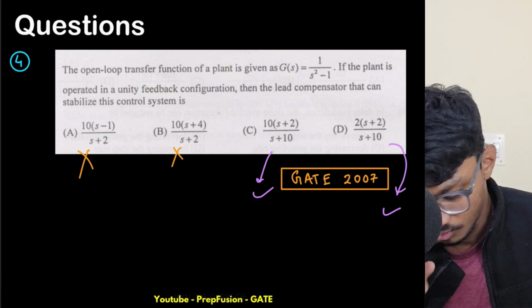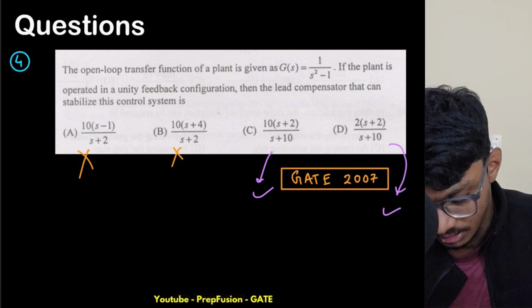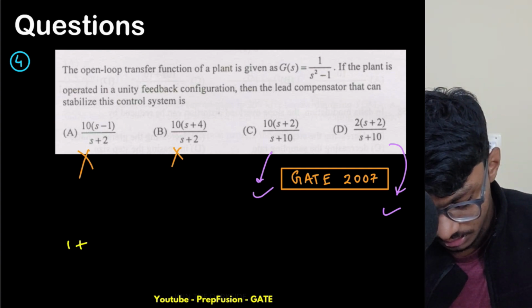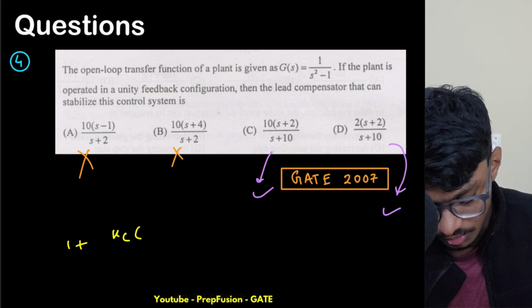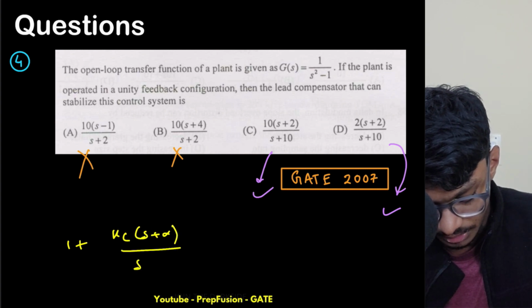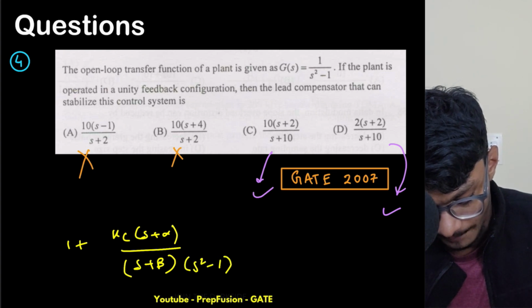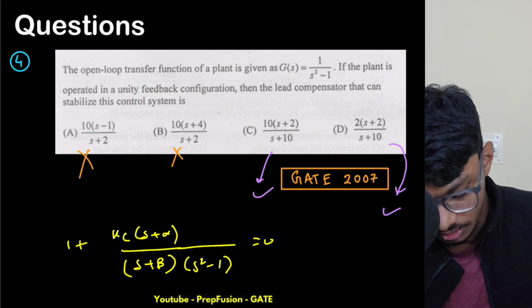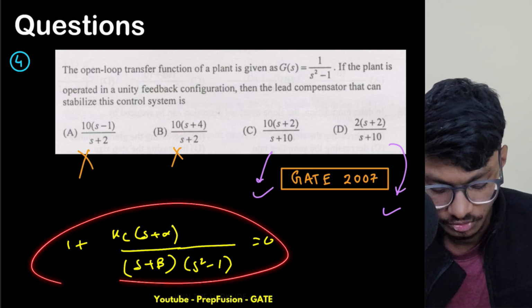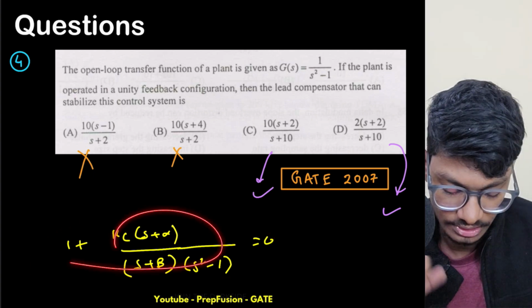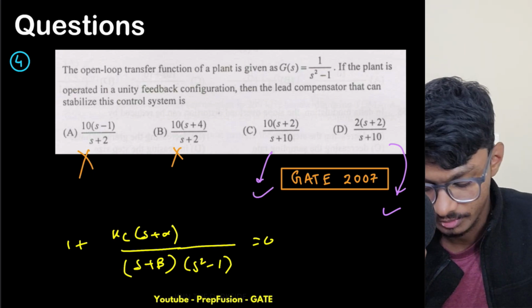Or the other way you can do is you can simply use this, that 1 plus kc into s plus alpha by s plus beta into s square minus 1. Now you put this condition and then you put this in the Routh array, and from there you will find the relation between k, alpha, beta, all these things. But this will be very complicated.